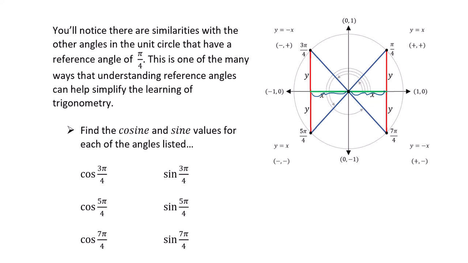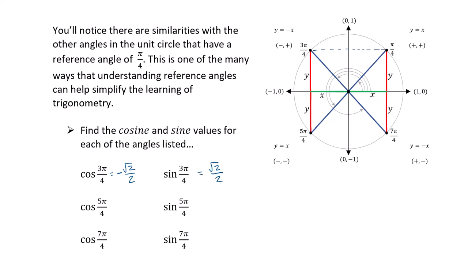So I know that the absolute value of that is going to be the same. It's going to be the square root of 2 over 2. But because we had to go left to get to this point, it's going to be a negative square root of 2 over 2. The sine is still going to be the square root of 2 over 2. You can see the height of those points is the same.